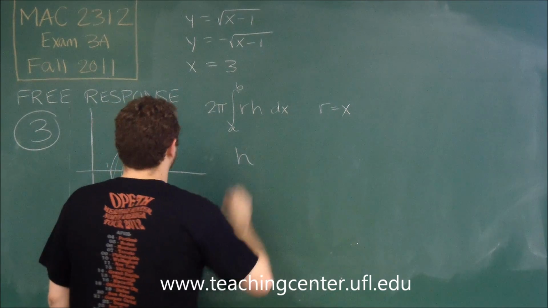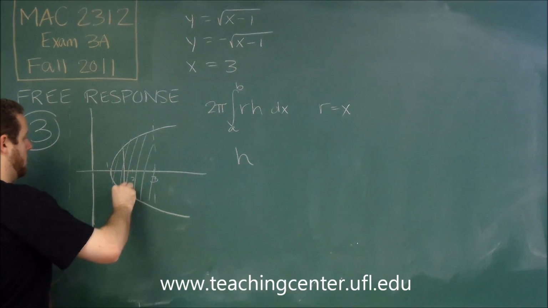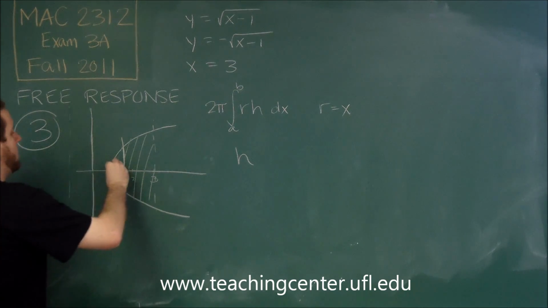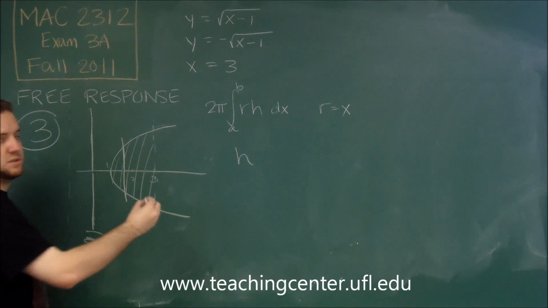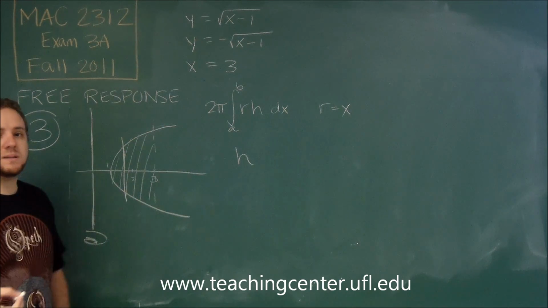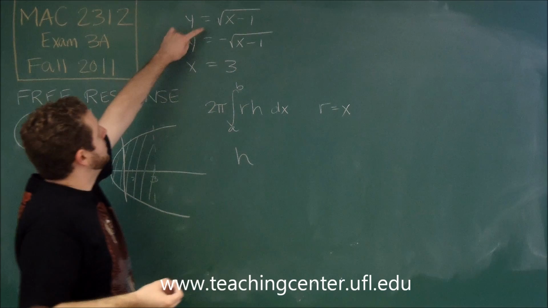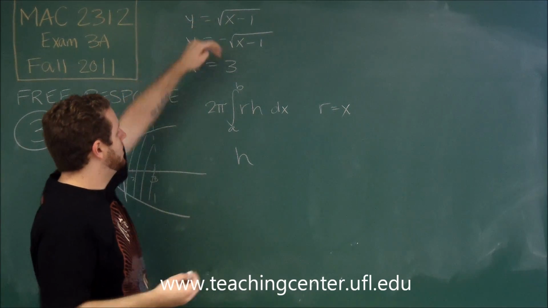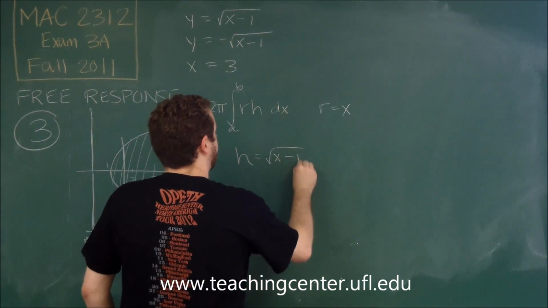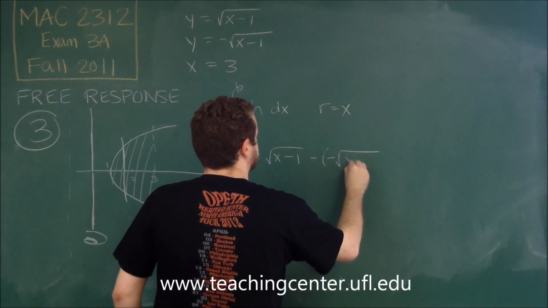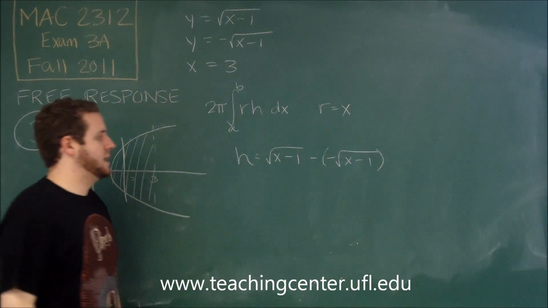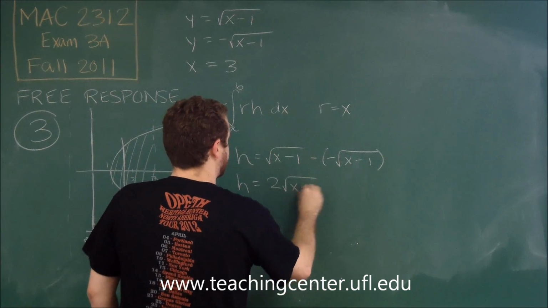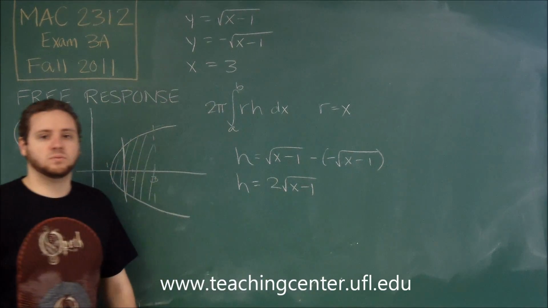So what is our height function? The height of every cut into this region. Well, we have an upper function and a lower function. So the height is just the top one minus the bottom one. And of these two, obviously the negative one is the bottom one. So we have root x minus 1 minus negative root x minus 1, which is just root x minus 1 plus root x minus 1, which is 2 root x minus 1.